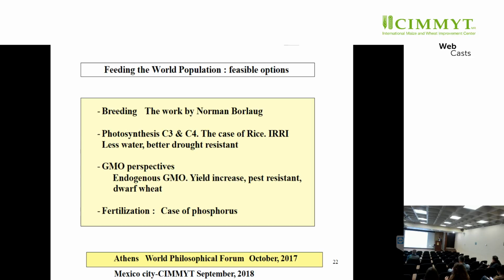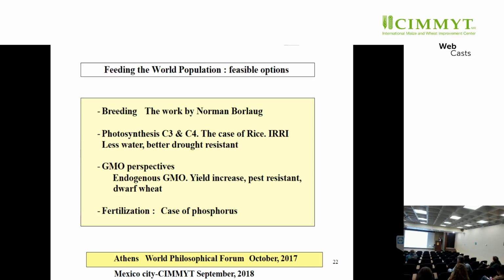So there's yield increase, pest resistance, dwarf wheat, which has been realized here. So endogenous, as opposed to exogenous. And for the exogenous, I can give the example of Monsanto, where the wheat has been GMO modified to be resistant, etc.